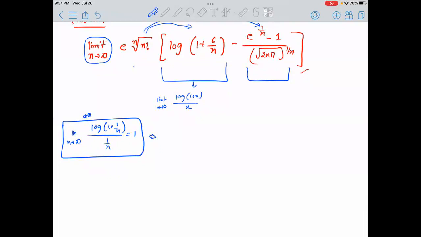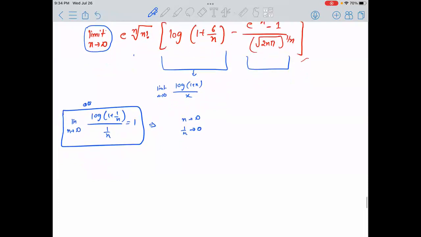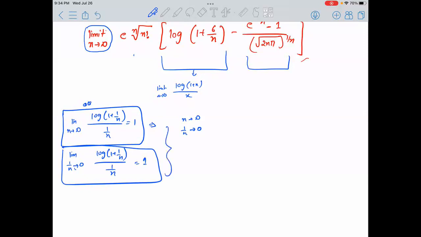Look, n tends to infinity means 1 by n tends to 0. So that means limit 1 by n tends to 0 of log(1 plus 1 by n) divided by 1 by n equals 1. Agree? So n tends to infinity and 1 by n tends to 0 are the same. Clear till now?